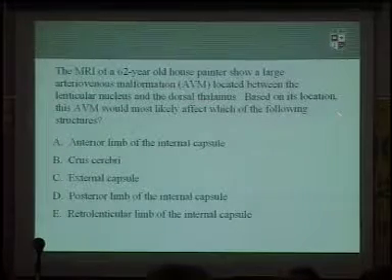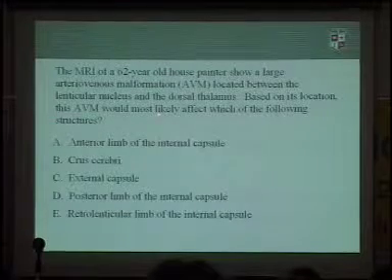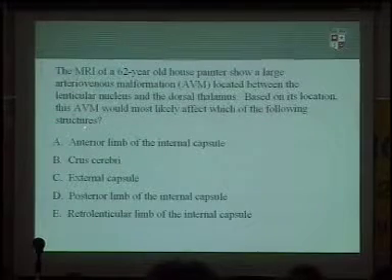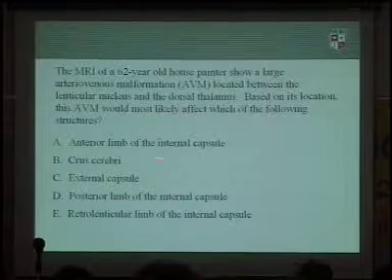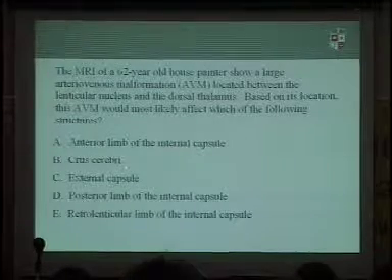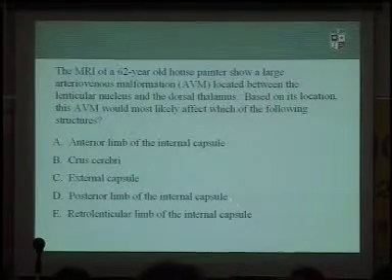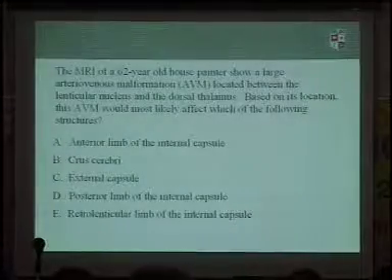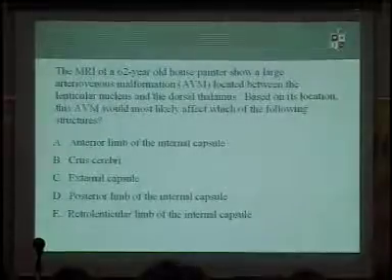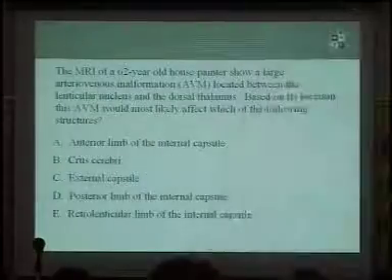Based on this location, this AVM would most likely affect which of the following structures? Anterior limb of the internal capsule, crus cerebri, external capsule, posterior limb of the internal capsule, retrolenticular limb of the internal capsule. Okay, vote.